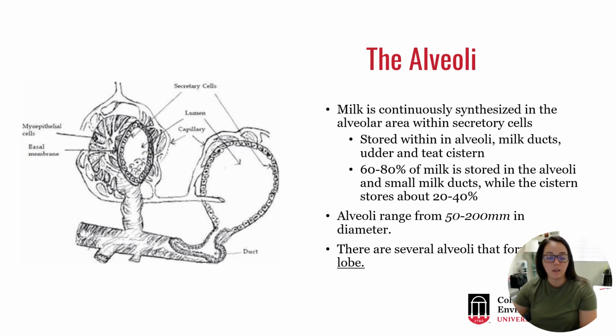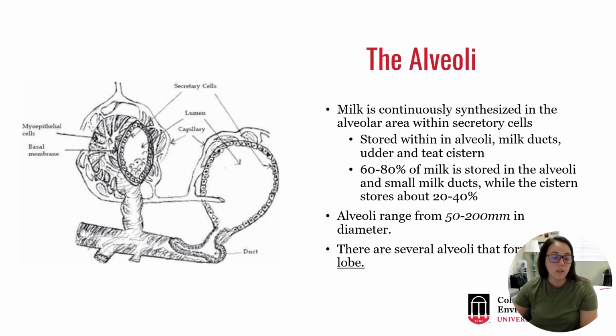And so on the outside of that alveoli, you definitely have some capillaries, because as we'll later find out, a lot of the milk components, nutrients are supplied via the bloodstream, and so there's a lot of capillaries that run through it, and so it's very important for blood flow to be consistent and to be proper through the mammary gland.